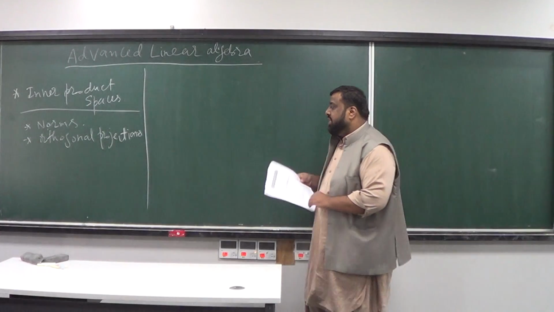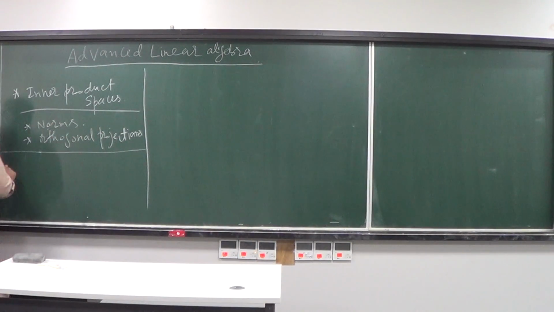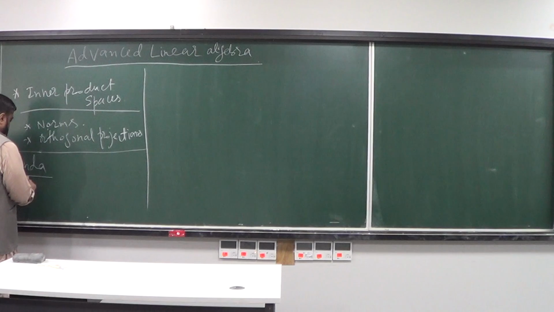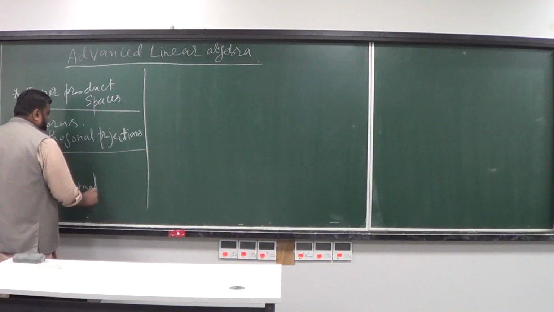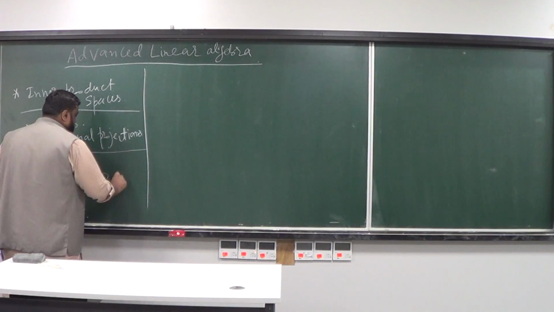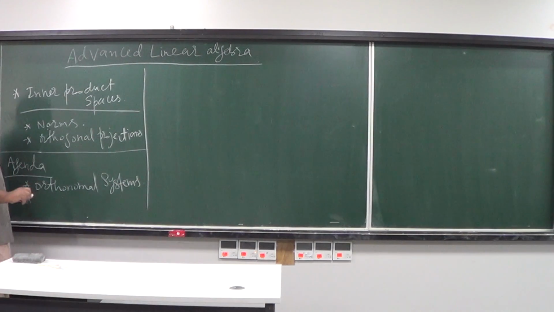So what is the agenda for today? The agenda for today is to go through the following topics. First we will define and talk about some of the basic properties of orthonormal systems. What do we mean by orthonormal systems? What are the basic properties of it?